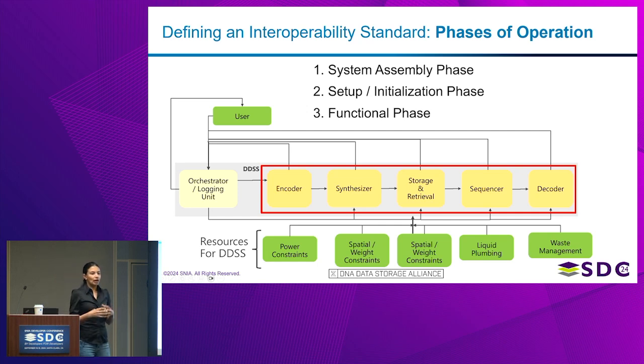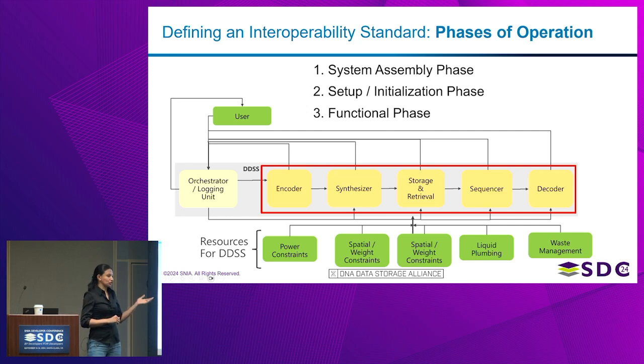Now we'll talk about how the system is going to function. Think of three phases of functioning for the system. The first one is the system assembly. That is basically before the system exists at all. We are integrating the system or putting together the sub-blocks. The spec calls out a couple of attributes that need to be matched or checked. For example, the encoder and the decoder should be compatible in a number of attributes.